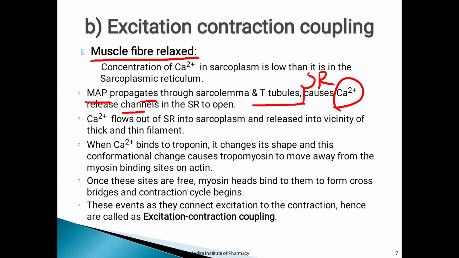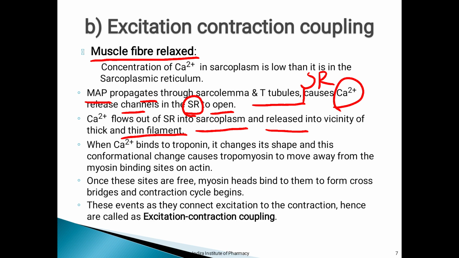channel of the sarcoplasmic reticulum to open. So calcium will flow out of the sarcoplasmic reticulum into the sarcoplasm and it will be released in the vicinity of the thin and thick filaments, which we have already seen.